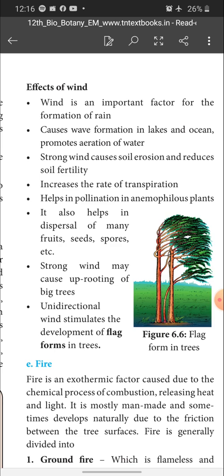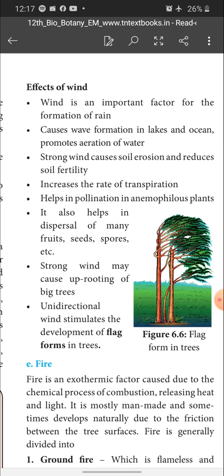Then strong wind causes soil erosion and reduces soil fertility. So strong wind sometimes causes what? Soil erosion. In empty bare lands, that means without any vegetation, the field is open, and when a strong wind happens, the top layer of the soil erodes, and it reduces the soil fertility.